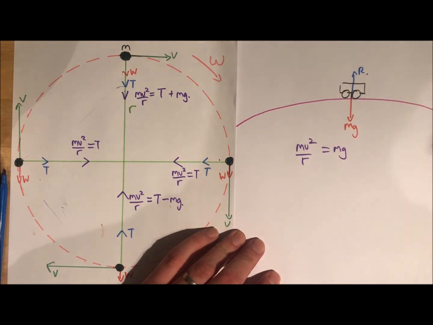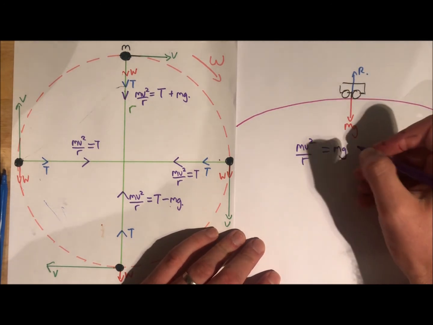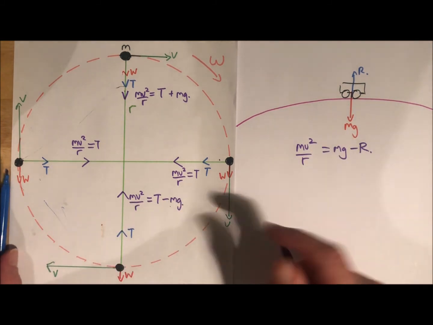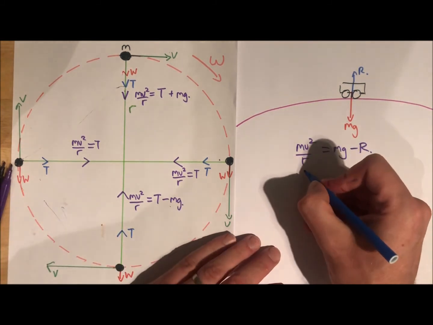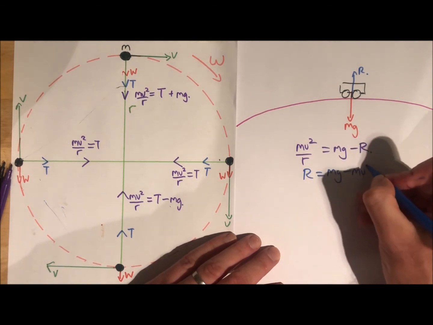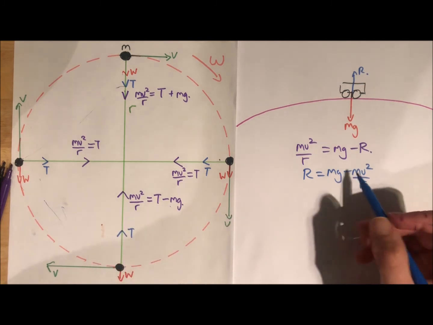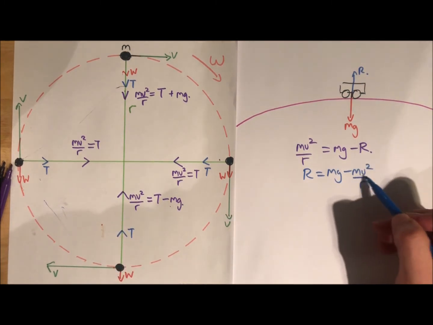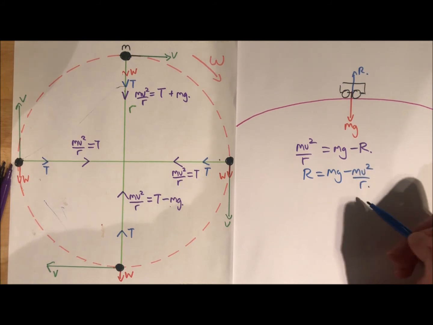We're going to take down as positive now because that's the direction of the centripetal force. Subtract R. If we rearrange that to get it in terms of R, so R equals mg minus mv squared over r. Now mg is constant, so v can vary. M and r are going to be constant.